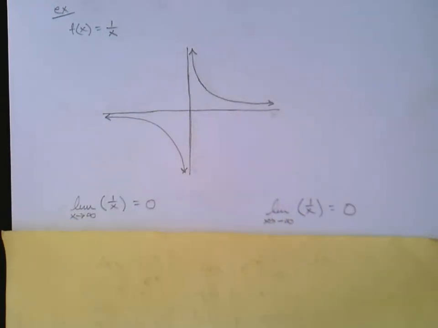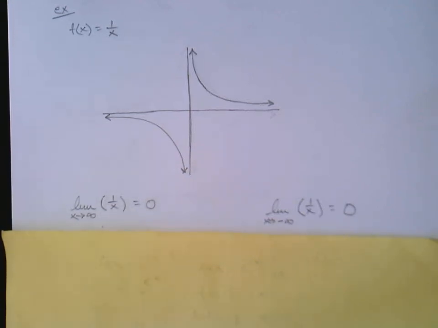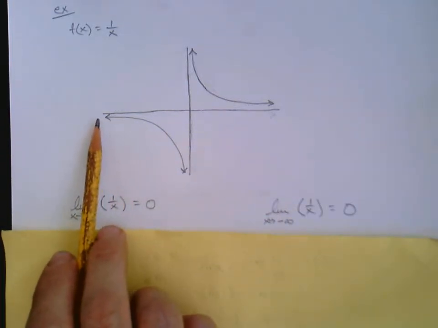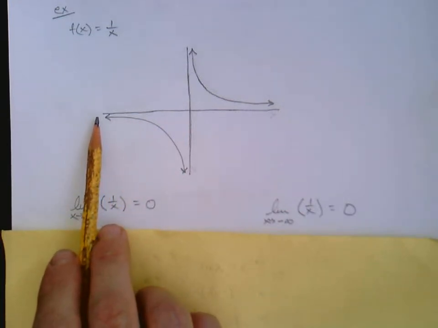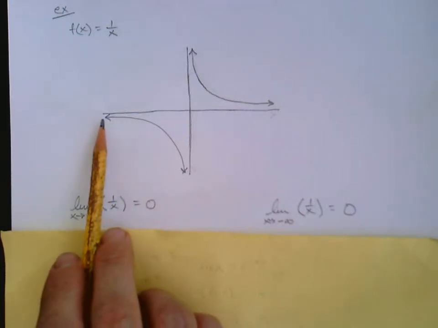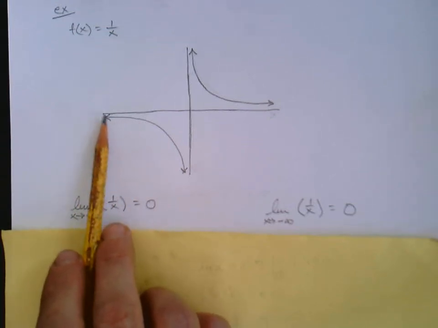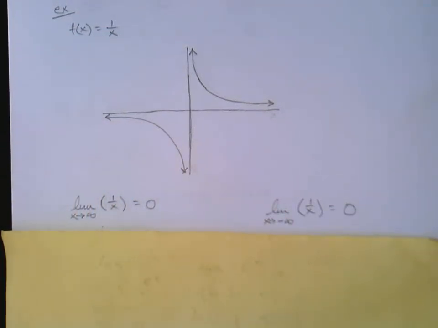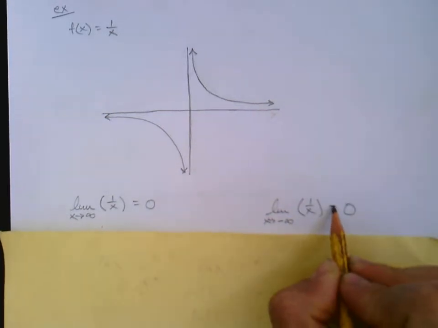So there's the answer to our limit: the limit of 1 over x as x approaches infinity is equal to 0. What's happening back here on the other side, the other end behavior? As x approaches negative infinity, what's the y value approaching here? Well, it's still headed towards 0 just from the bottom side of the x-axis, so that is going to equal 0 as well.